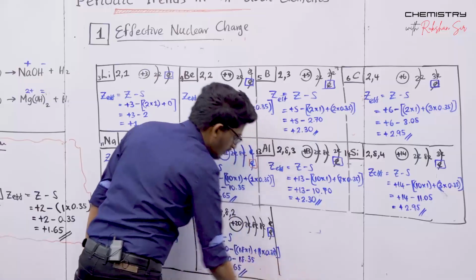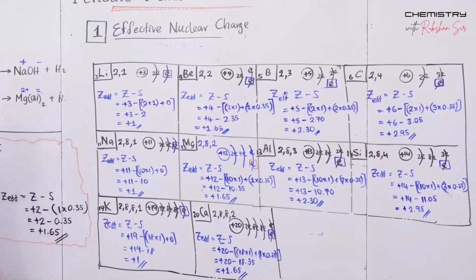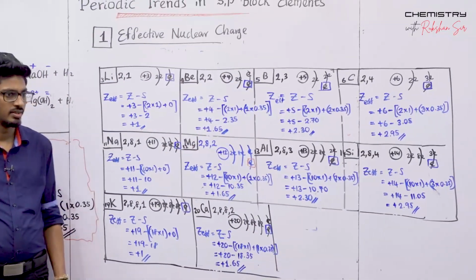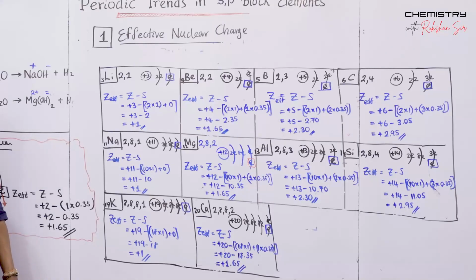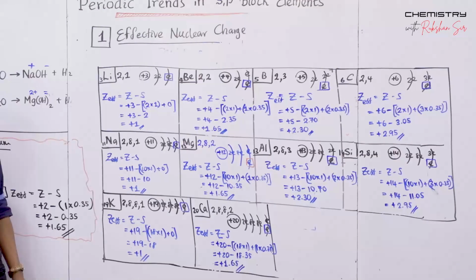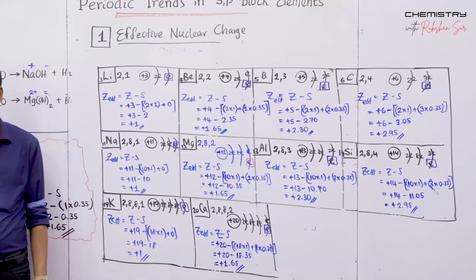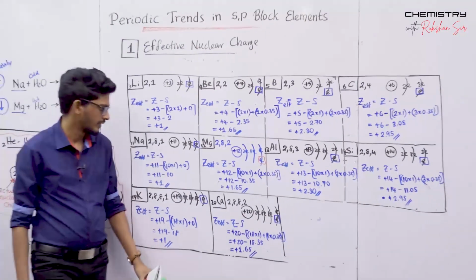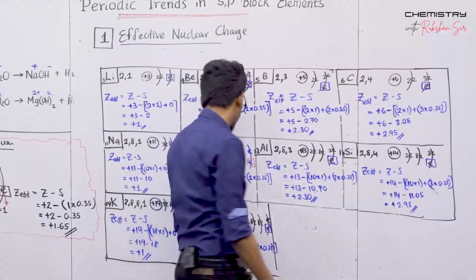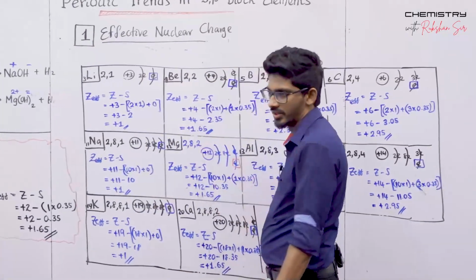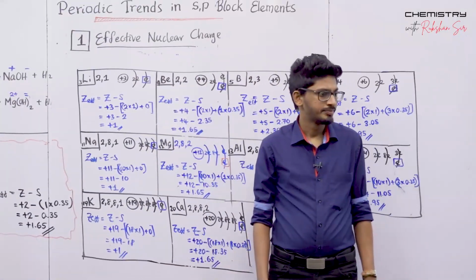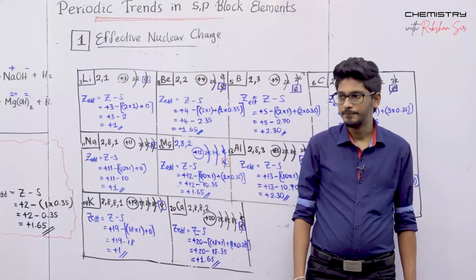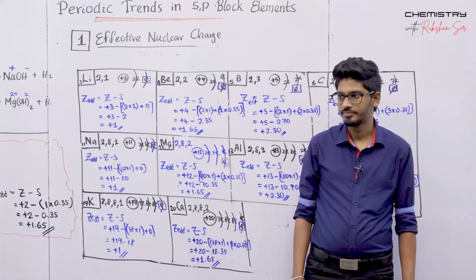So, do you guys get these values? I'll send you a picture as well. Do the calculation with your own, and then you can think of the patterns here.